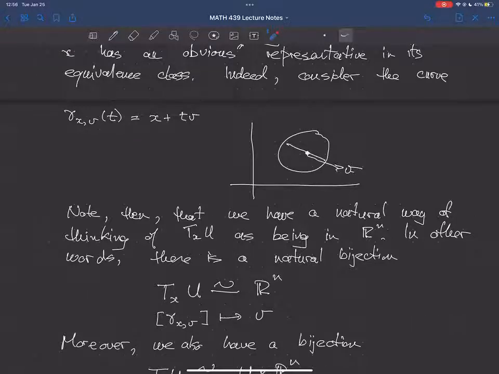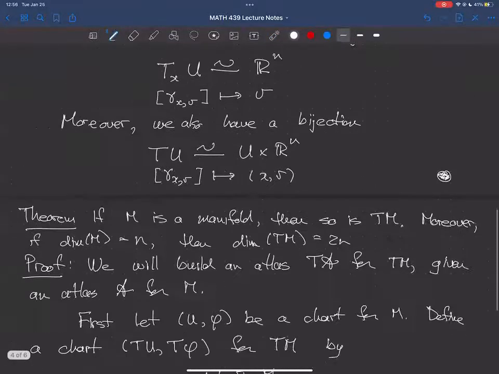But here I'm in the manifold, not in an open subset of Euclidean space, but it's the same idea.